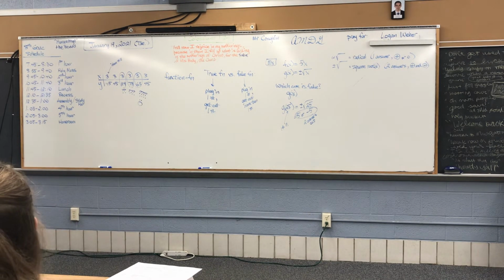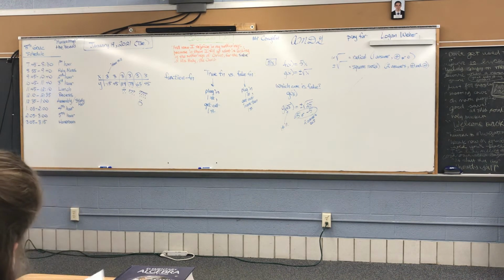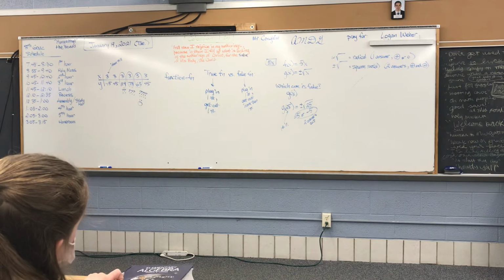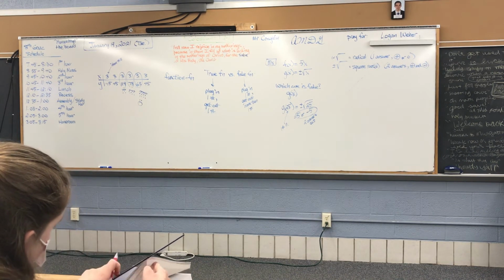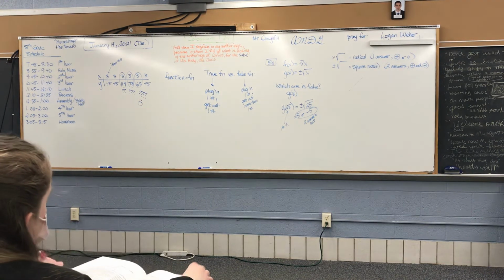Okay? Now, let's take a look at, hang on a second. Turn, if you will, your book to page 521. Problem number 1 on the previous page is part of your homework.